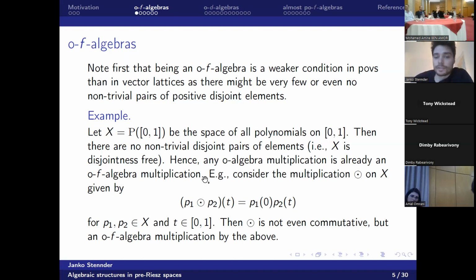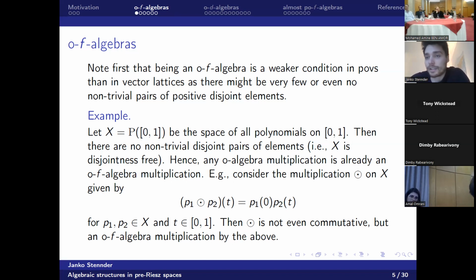So we can, for example, consider the multiplication given here, where the product of two polynomials at any point t is just P1 at 0 multiplied by P2 at t. And then we see that this multiplication is not even commutative, but any multiplication is an OF algebra multiplication.